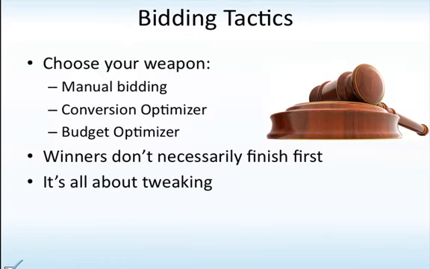Now, bidding. As the name indicates, bidding in PPC is pretty much like bidding in an auction, or pretty much gambling. You are going to place a certain amount of money on certain keywords that in turn have certain ads attached to them, and in function of how much money you put, the higher your chance of ranking is.